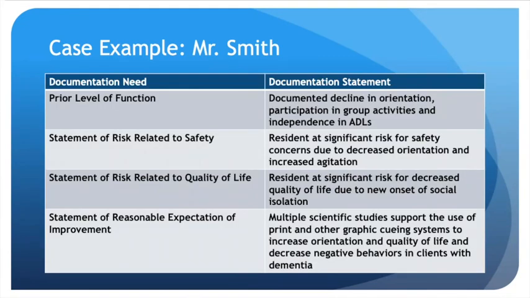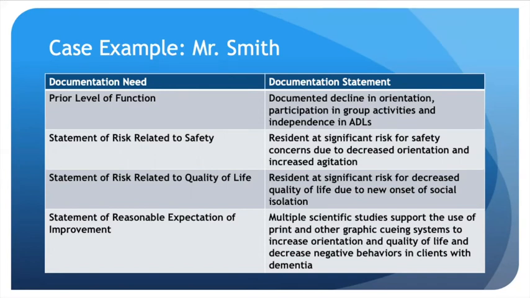Relative to documentation, you will need to have documented a prior level of function, to document the decline in the orientation, the participation in group activities, and ADL independence. There should be some statement of risk related to safety. So the patient is at significant risk for safety concerns due to decreased orientation and increased agitation. There can be a statement related to quality of life.